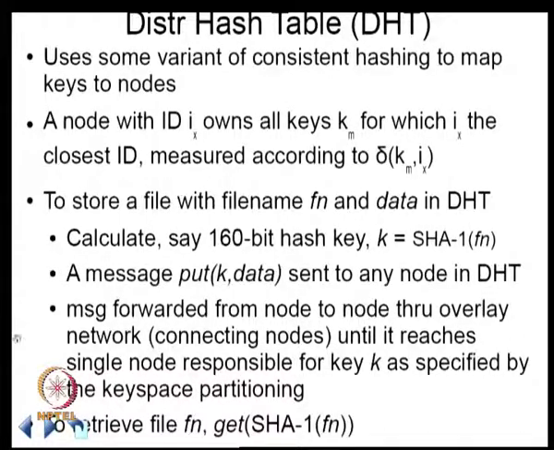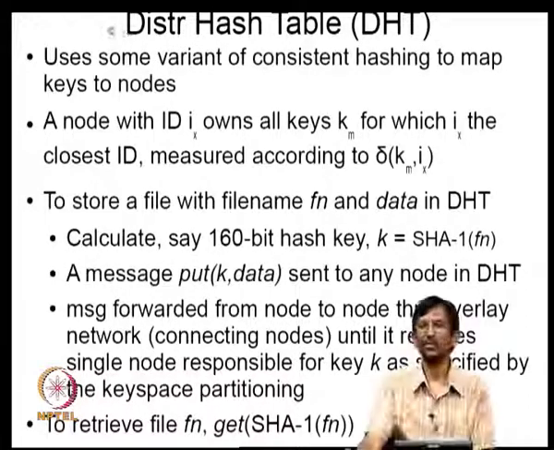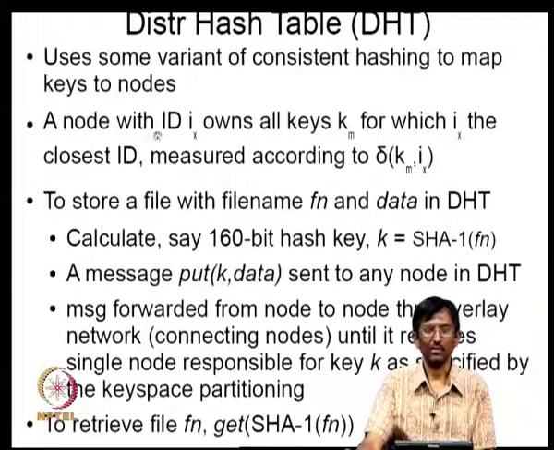So again, just to look at it in some detail, what is being done. This hashing technique uses basically what are called distributed hash tables, DHTs. It goes as follows.